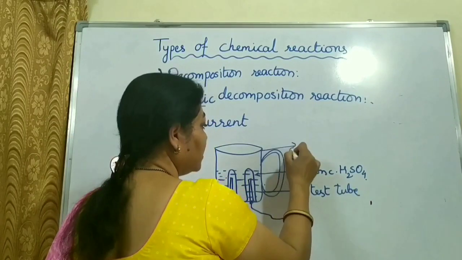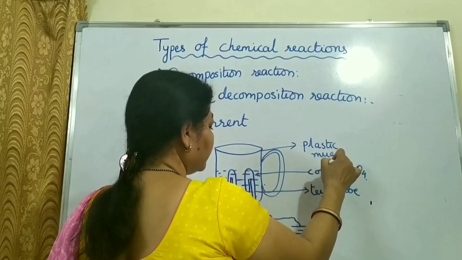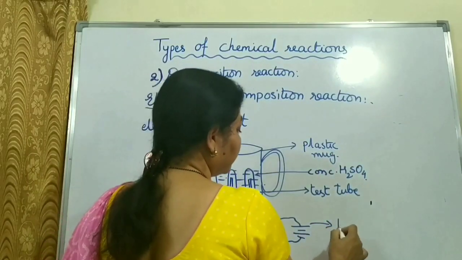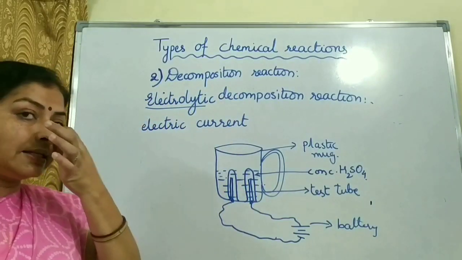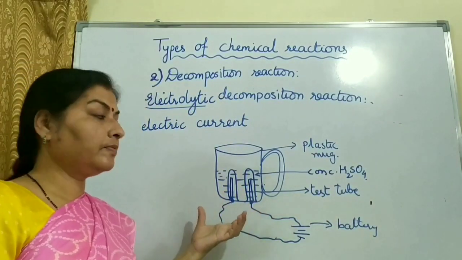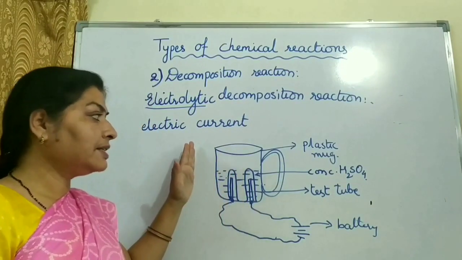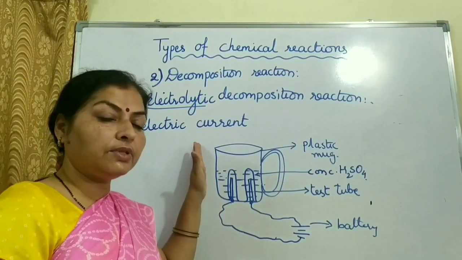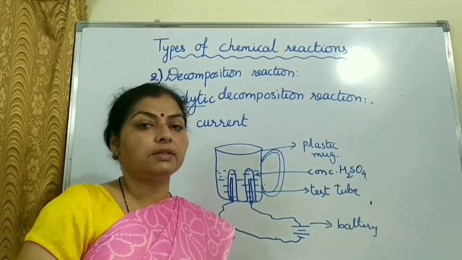This is a plastic mug. And this is a battery. Now we are passing electric current for some time, and then we will observe what will happen. But before we understand this process of electrolytic decomposition of water, we need to understand what electrolysis means.